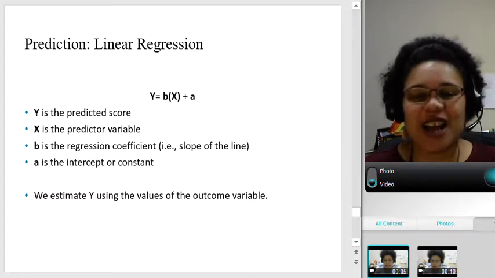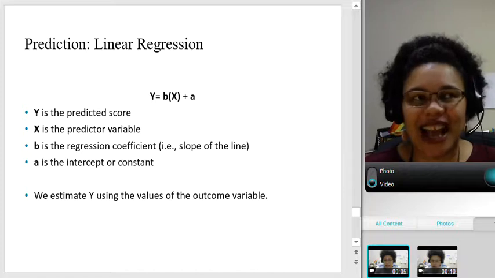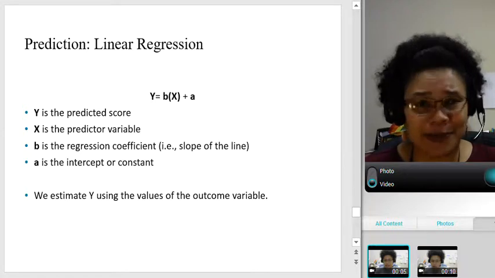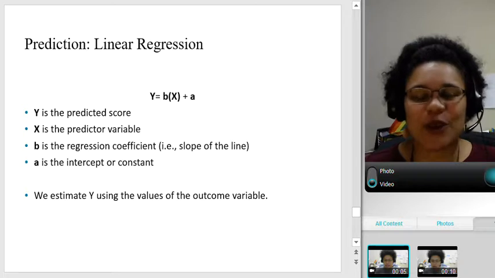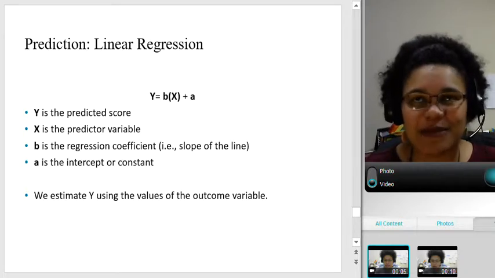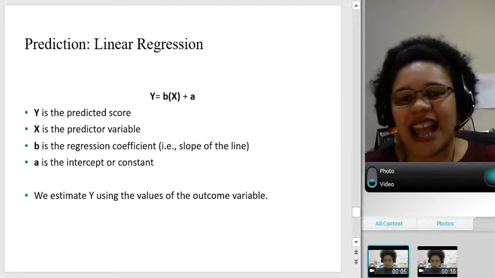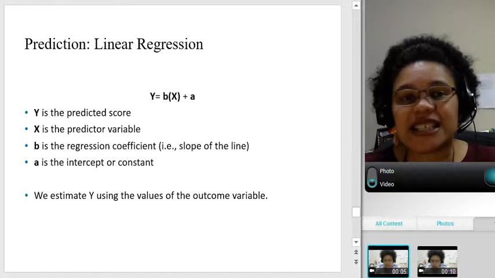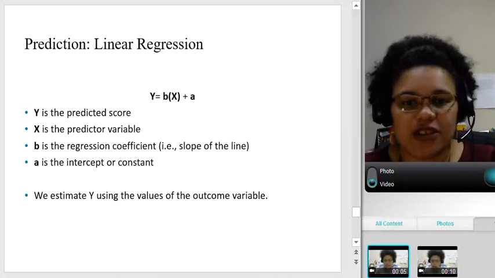If you remember from high school, I know for many of us it was quite a while ago, the equation for a line, I remember learning y equals mx plus b, right? So it was that y equals the slope times the x value plus some intercept. And it's the same thing for linear regression.